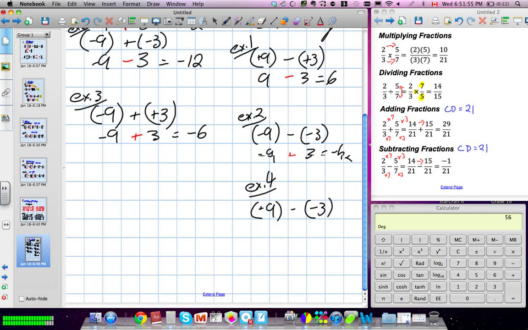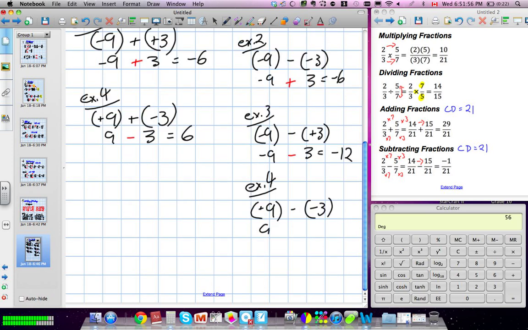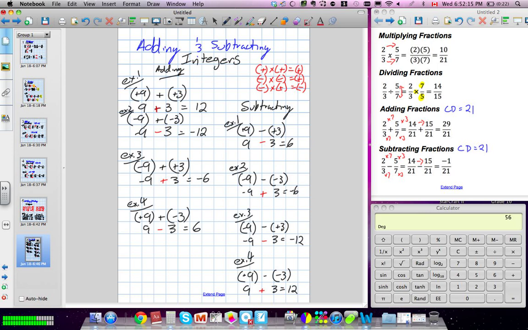Positive 9 minus negative 3. What can we replace those two signs with? A positive. Yep. So 9 plus 3, or 12. Good.